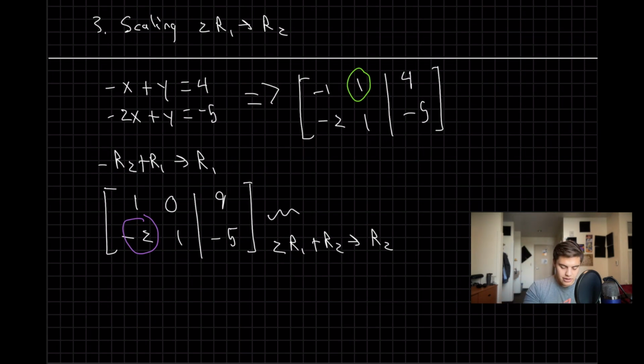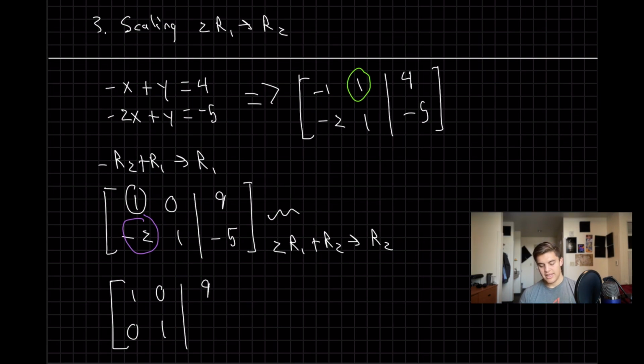So the top row is staying the same: 1, 0, 9. Bottom row becomes 2 times 1 is 2, plus negative 2 is 0. Then 2 times 0 is 0, plus 1 is 1. And then 2 times 9 is 18, plus negative 5 is 13.